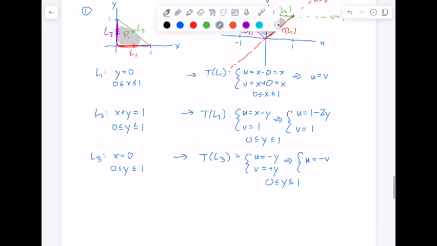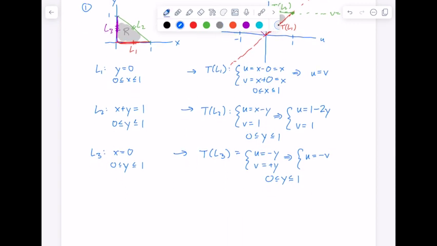Our second step is to figure out what the inverse is. Now, if you've seen linear algebra before, some matrices, then this shouldn't be too difficult for you, but as a refresher, we have two linear equations here, u equals x minus y, v equals x plus y.